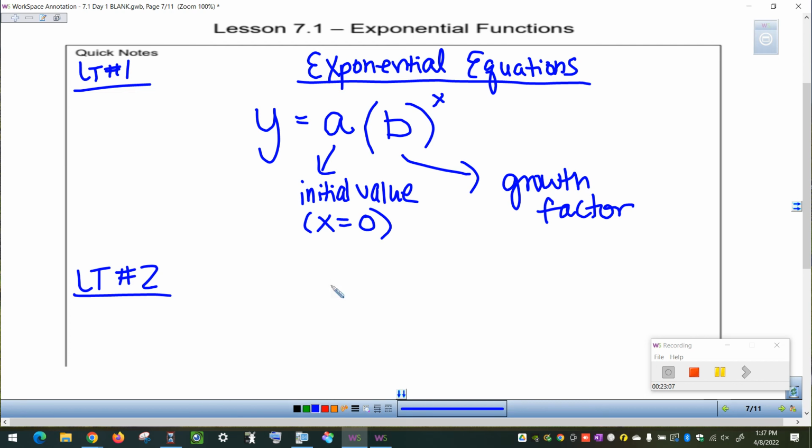All right, our second learning target had to do with the difference between linear and exponential.